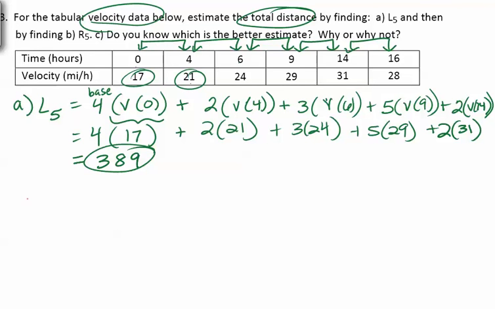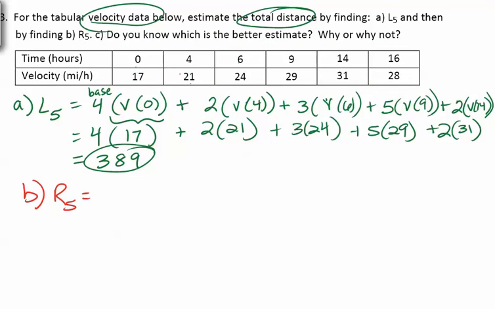All right, now let's repeat the same table, but now we're going to use 5 right-hand rectangles. So the concept is the same. However, we're going to measure the heights on the right-hand side. So remember that in the first rectangle, the base is still going to be 4, but this time we're going to measure the height on the right-hand edge.